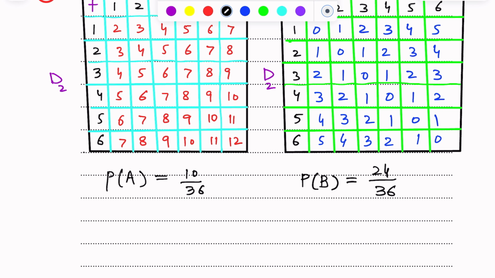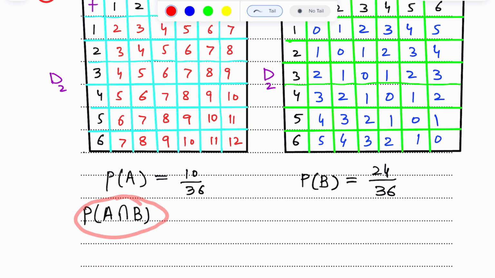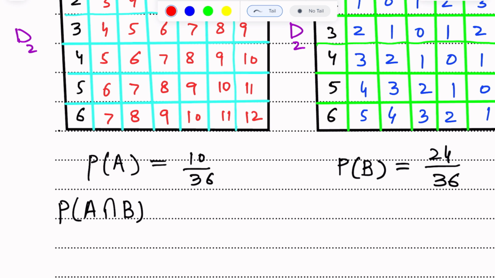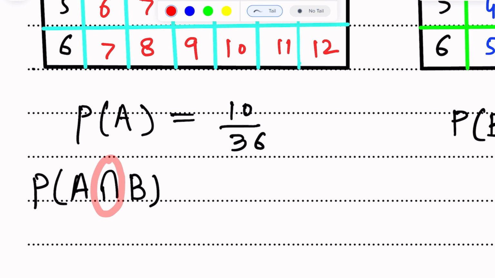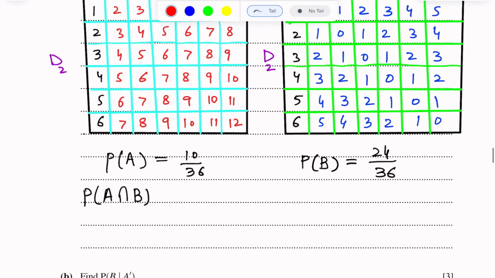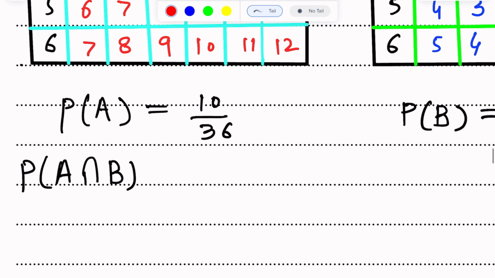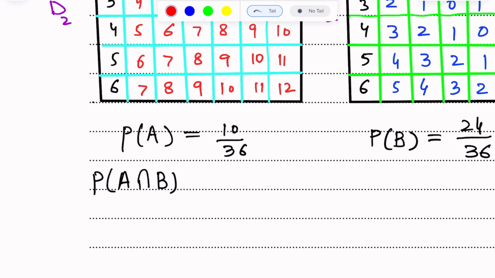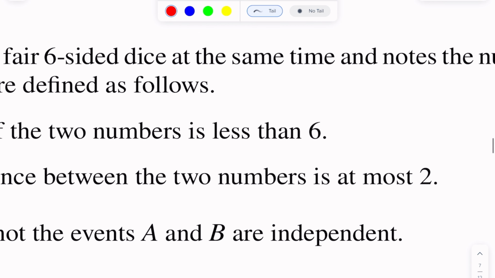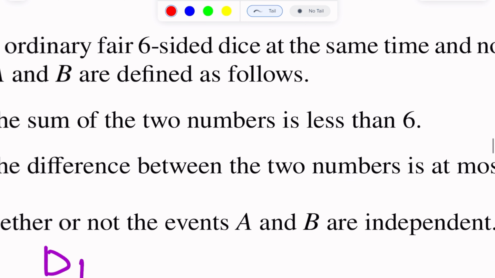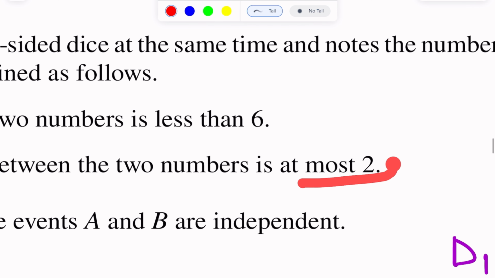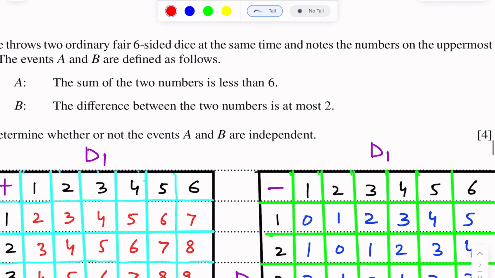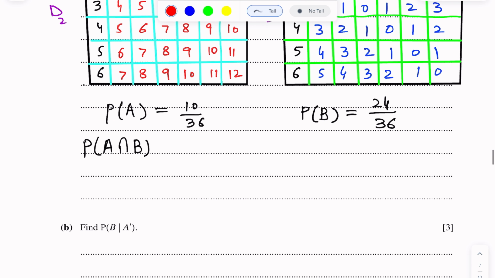Now we will find the probability of A intersection B. Intersection of events A and B means the sum is less than 6 and the difference is at most 2.